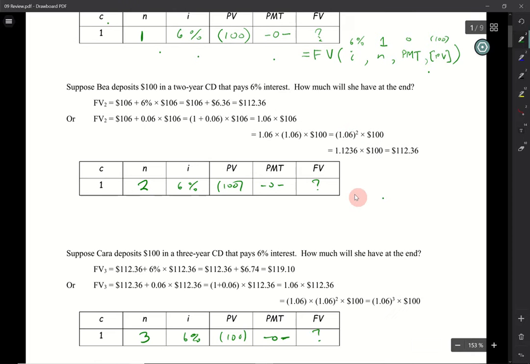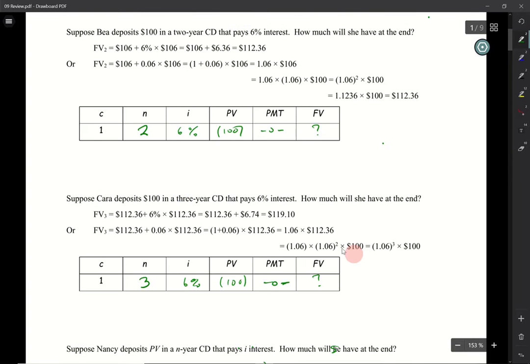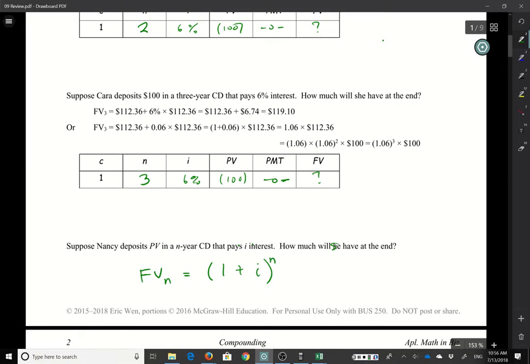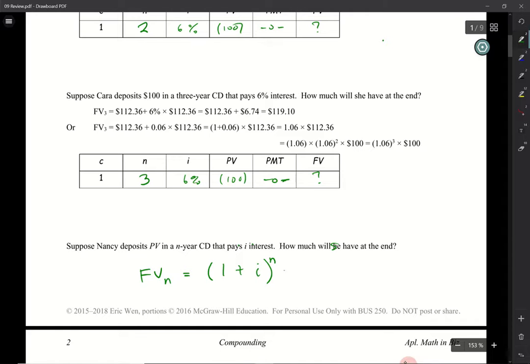When it was 3 years, the exponent ended up being 3, times the present value. So when it's n years, you're going to have that factor n times, and then you multiply it by the present value.